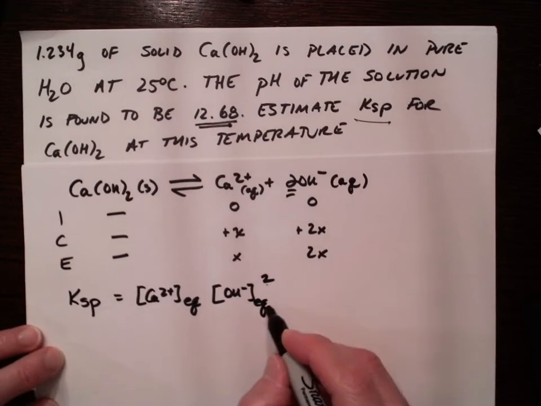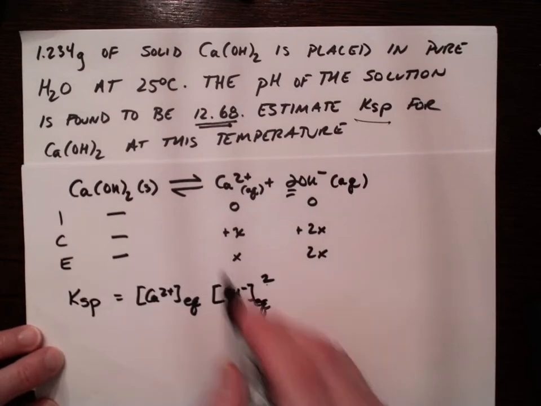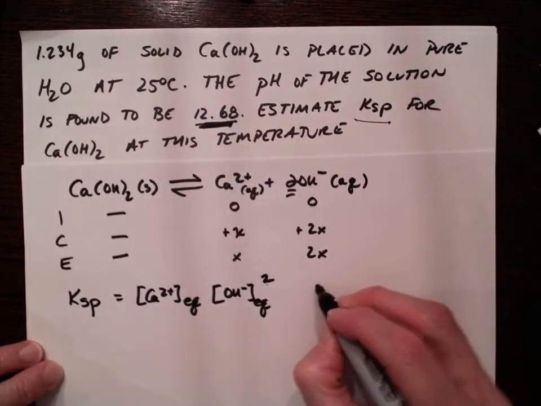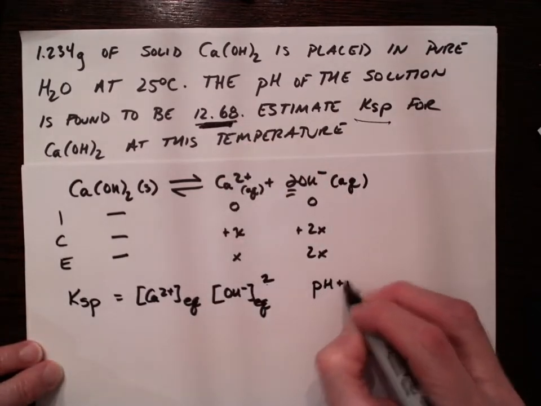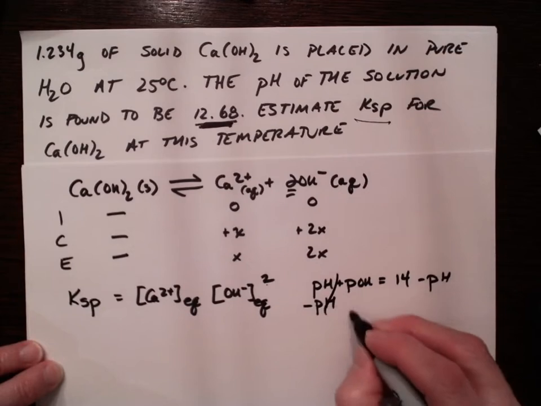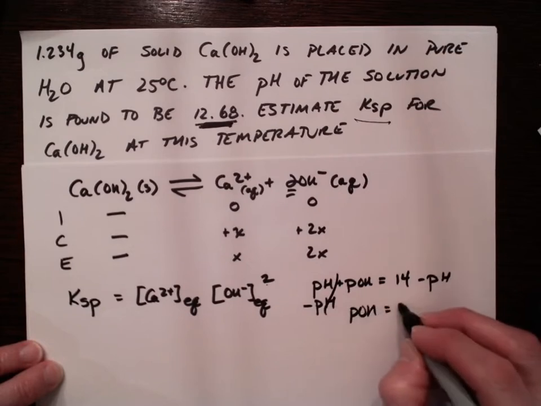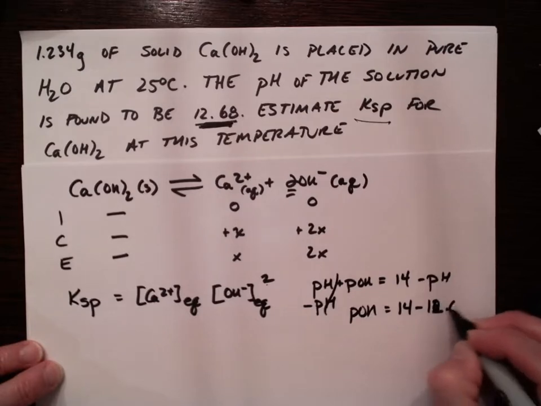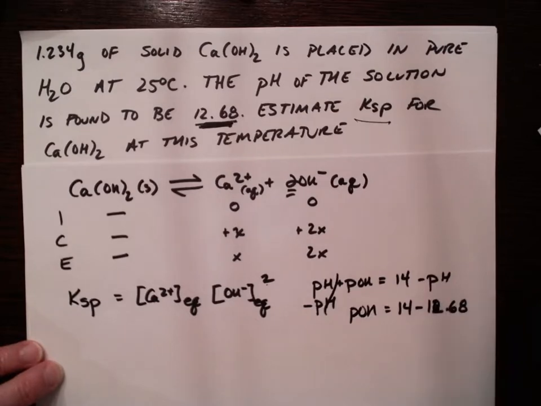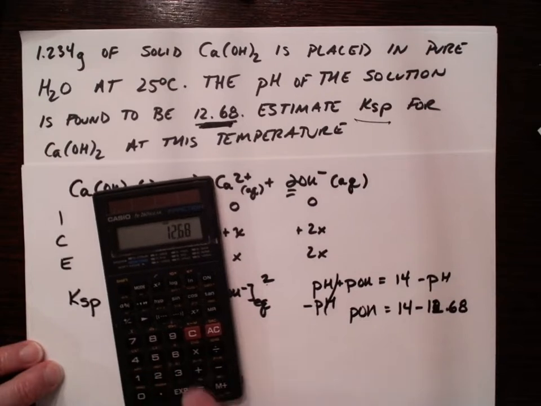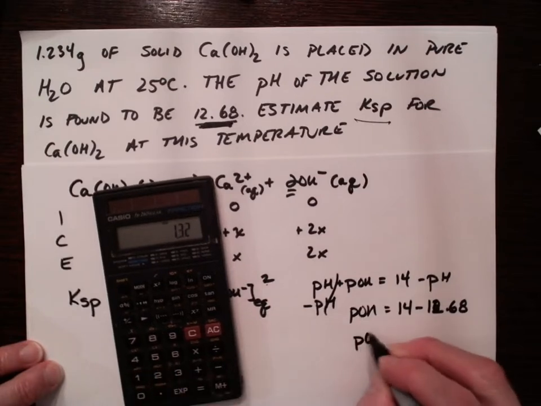Well, I can find the concentration of hydroxide at equilibrium because I've got the pH. So let's do that. pH plus pOH, that's 14, isn't it? If I subtract pH from both sides, then I know my pOH is going to be 14 minus the pH, which is 12.68. 14 minus 12.68, that's 1.32.